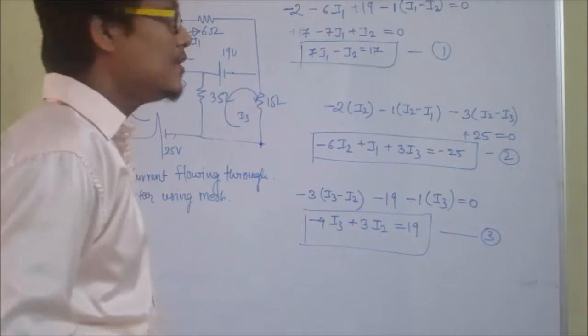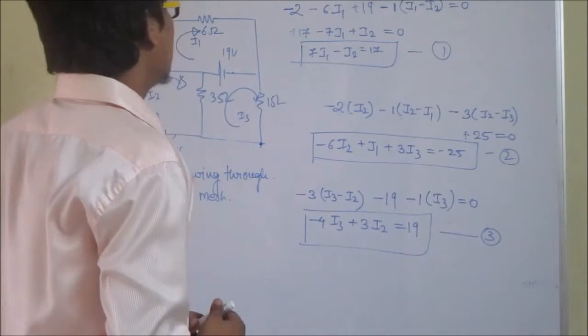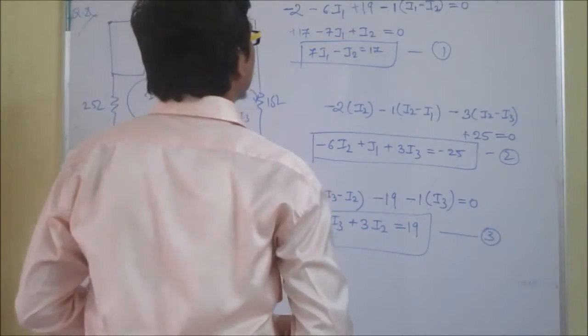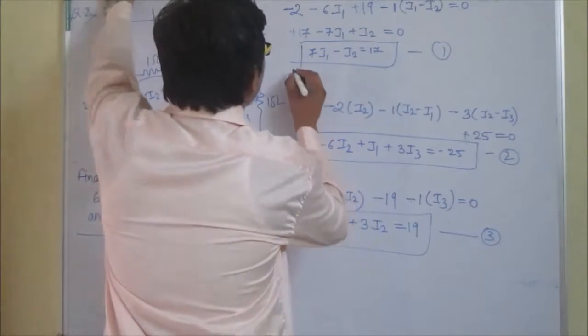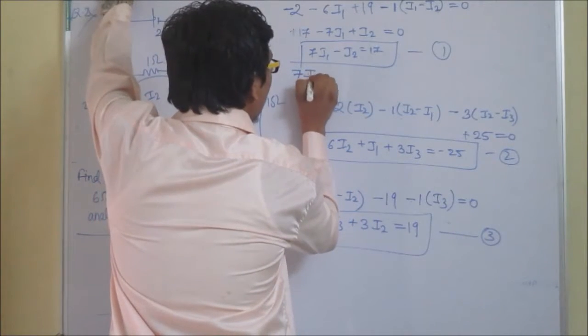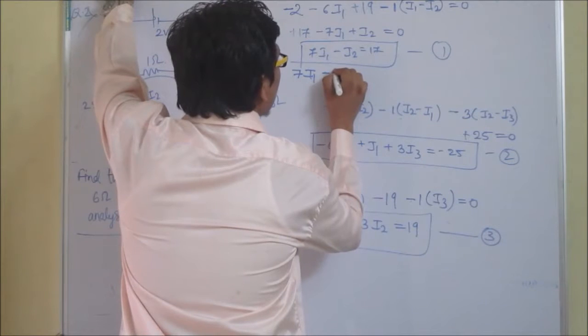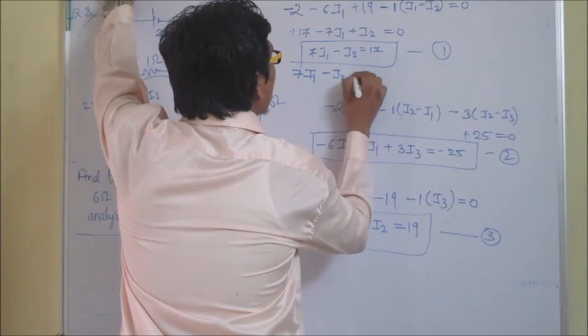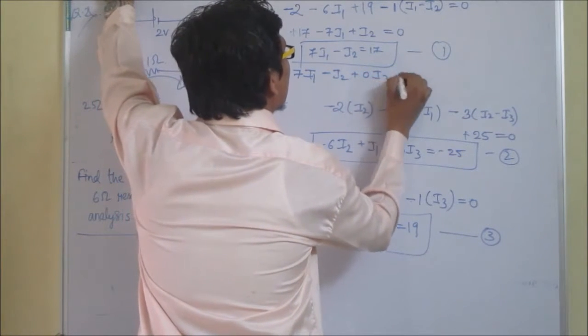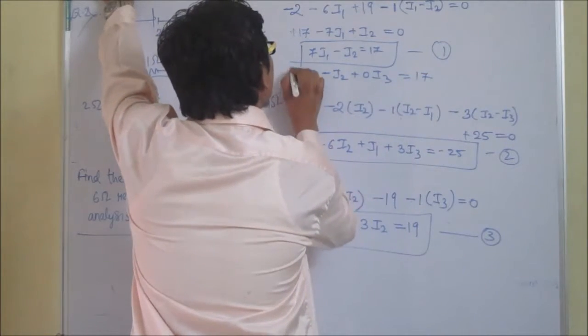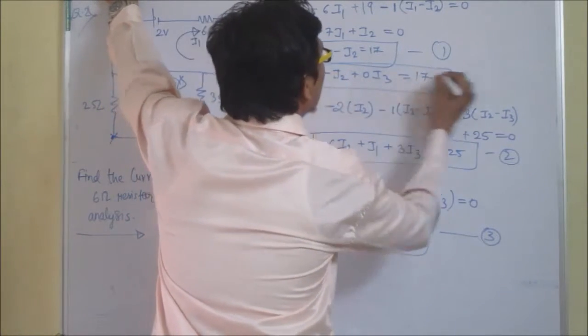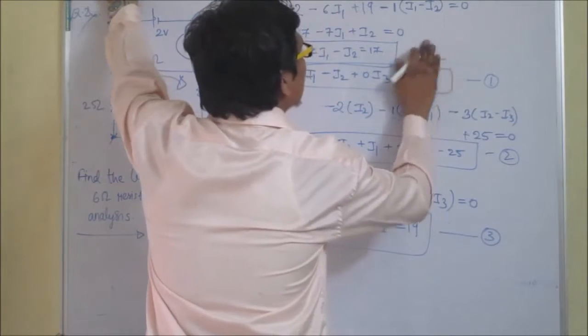Can I just rewrite these equations in a much simpler form? That is, I'll just make this 7 I1 minus I2 plus 0 I3 is equal to 17. This is my first equation.